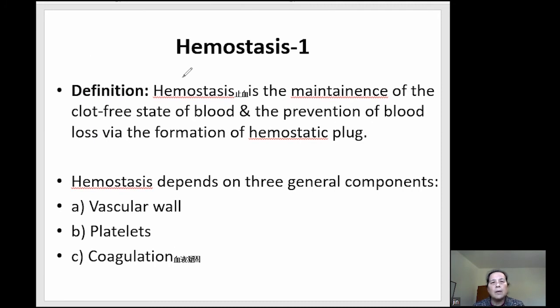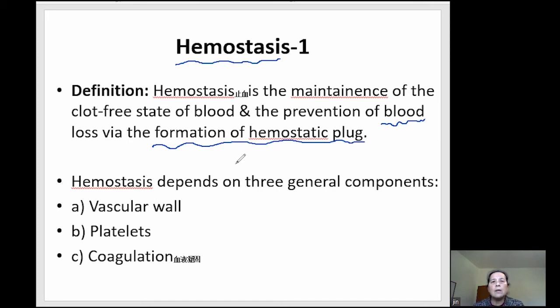So what does hemostasis mean? Hemostasis is basically talking about blood flowing inside of blood vessels. And if something happens, like a bleeding situation, then the body can stop bleeding. So they can form a plug and then stop bleeding.